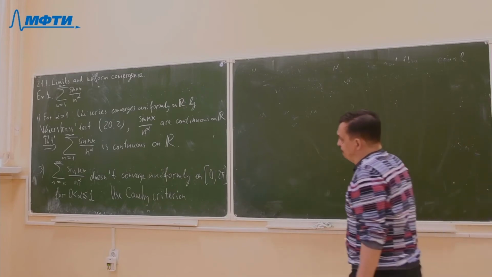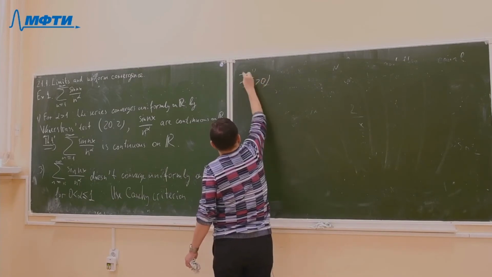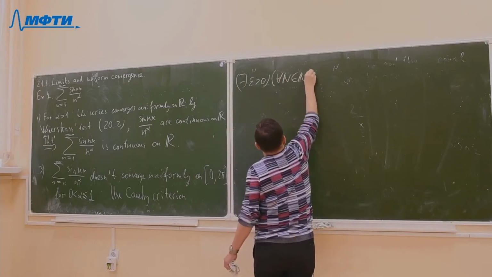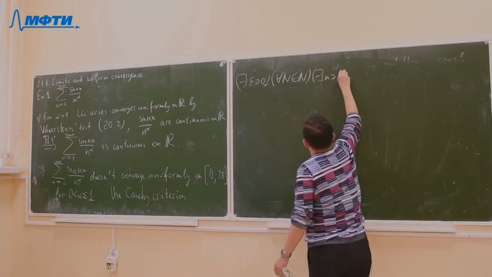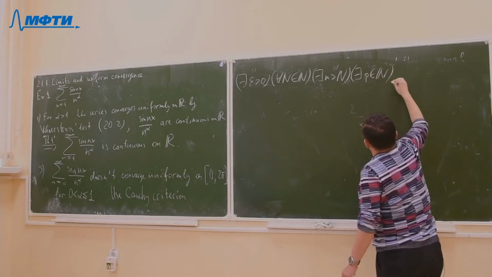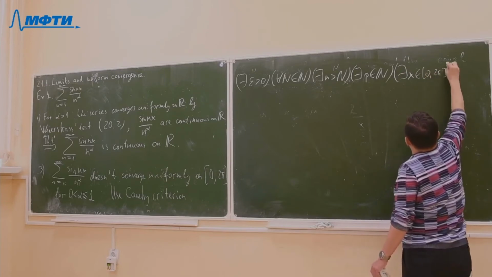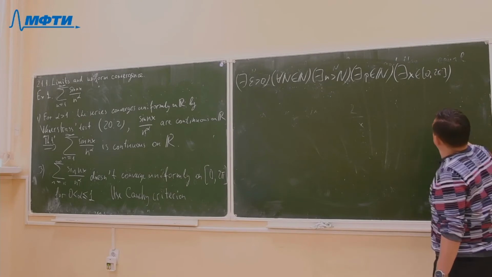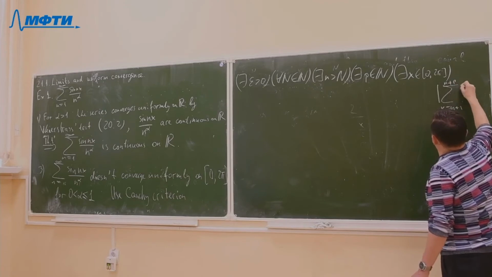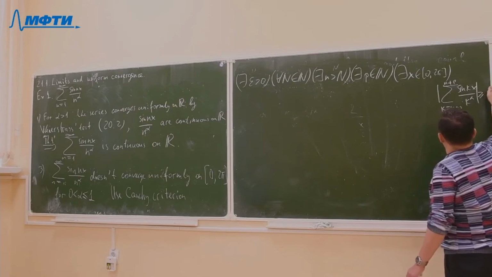So, the negation of the Cauchy criterion: there exists epsilon greater than 0, such that for all capital N natural, there exists n greater than capital N, there exists p natural, there exists x in (0, pi), such that the sum for k from n plus 1 up to n plus p of sine kx over k power alpha is greater or equal than epsilon.